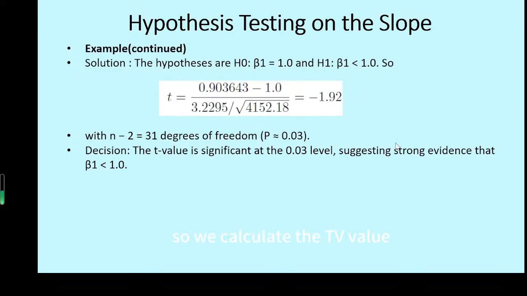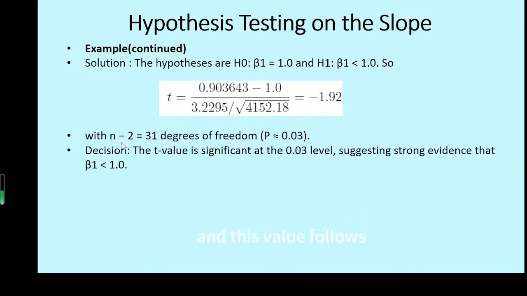So we calculate the t value. We fill in the point estimate b1, and 1.0 is the value we test against, divided by S and divided by the square root of Sxx. Then this value is minus 1.92.